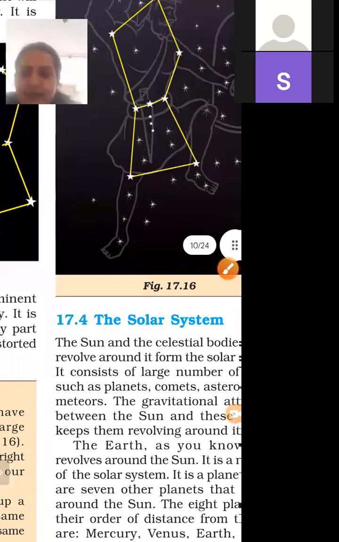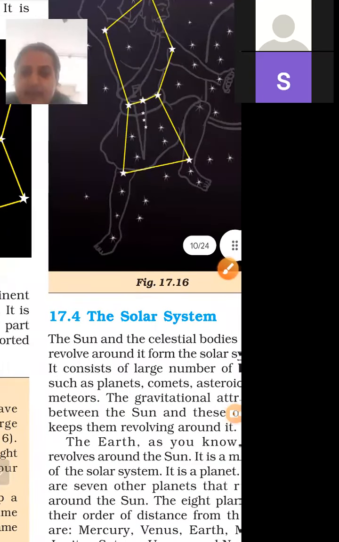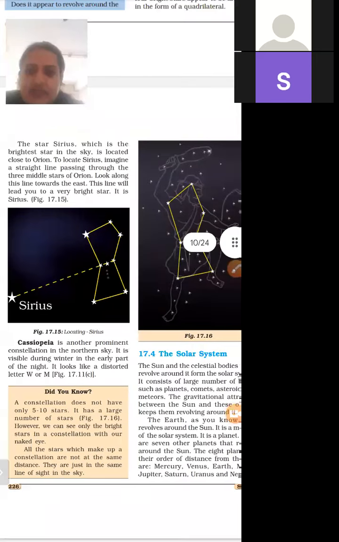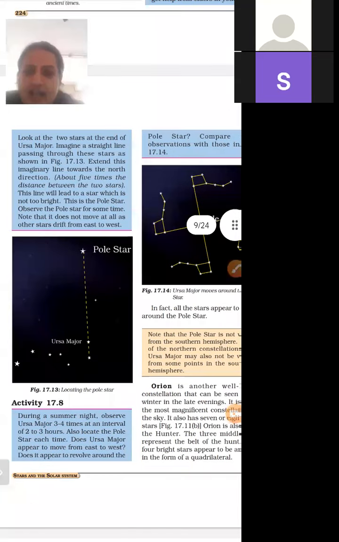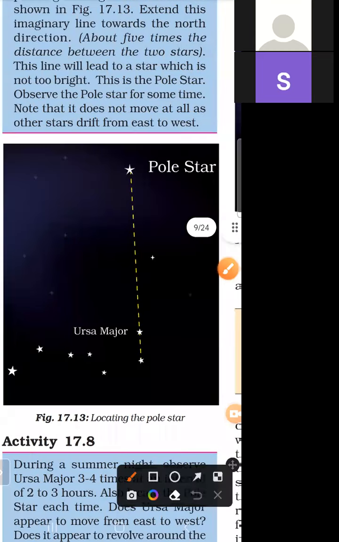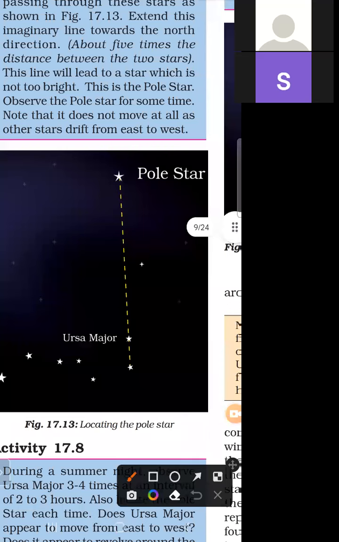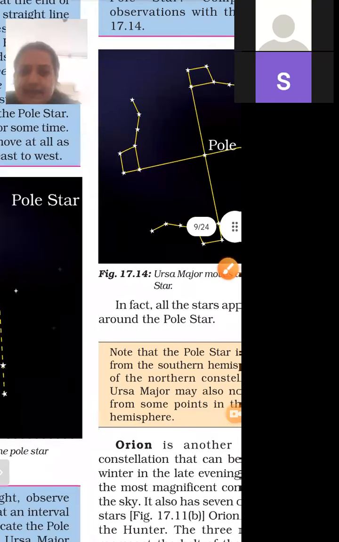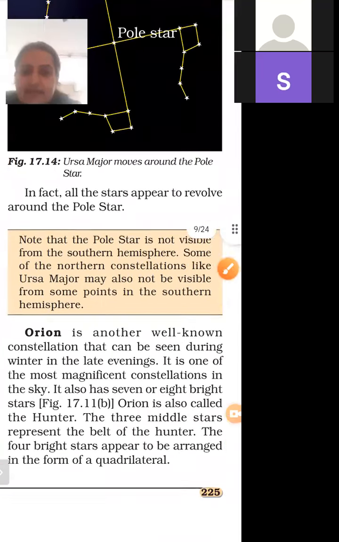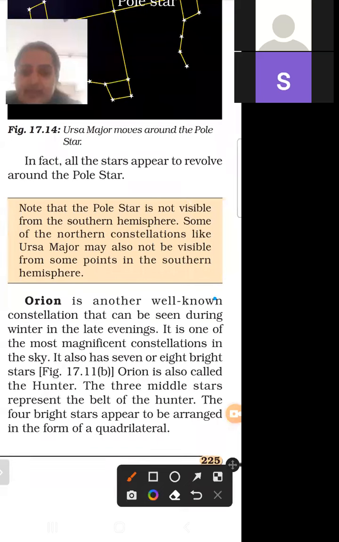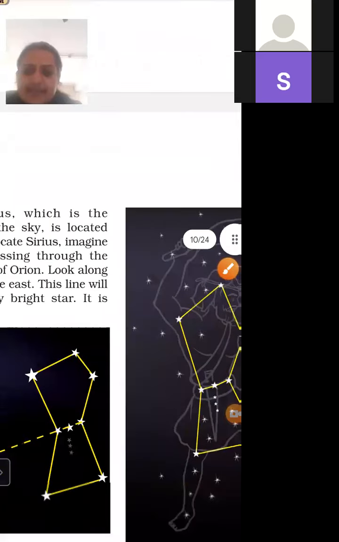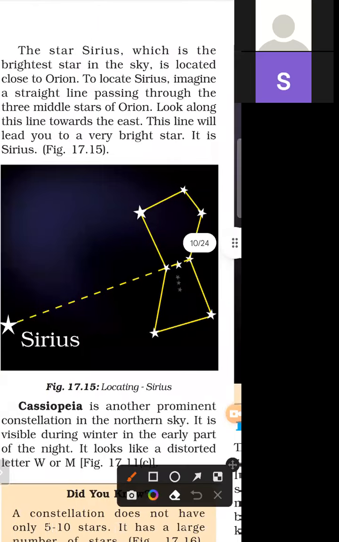You have to remember these constellations. First is Ursa Major, the Great Bear. Second is Orion. Then Sirius is the brightest star.